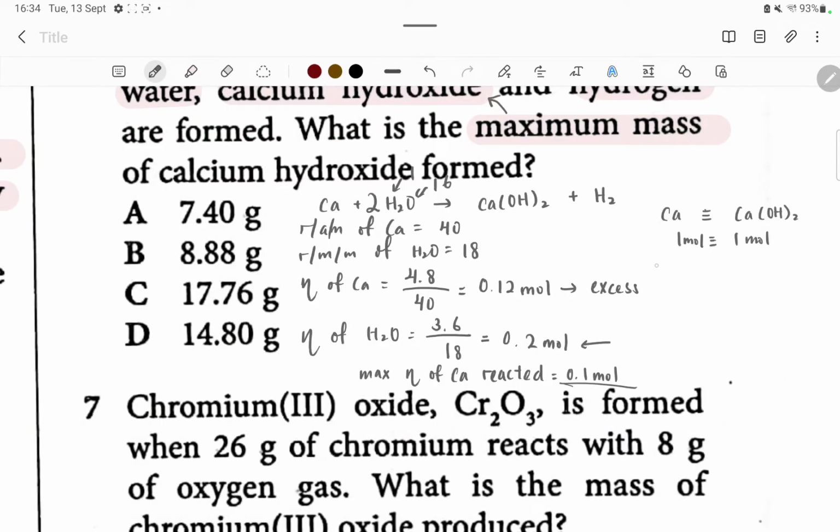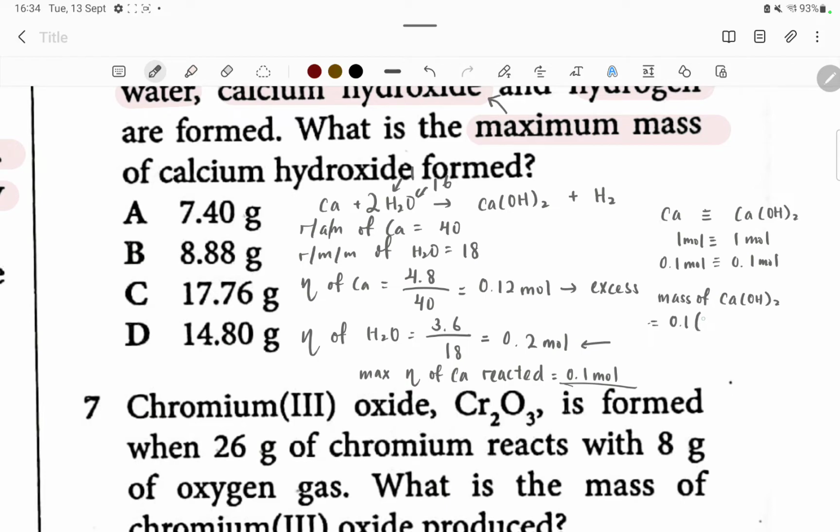So when we find the maximum mass of calcium hydroxide, we should use 0.1 mole multiplied with the relative formula mass.